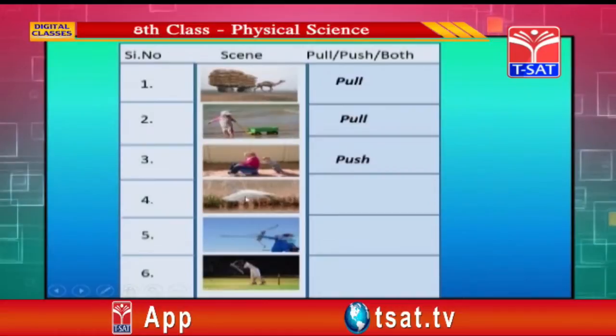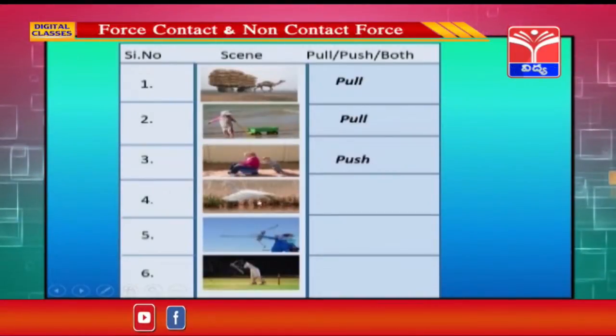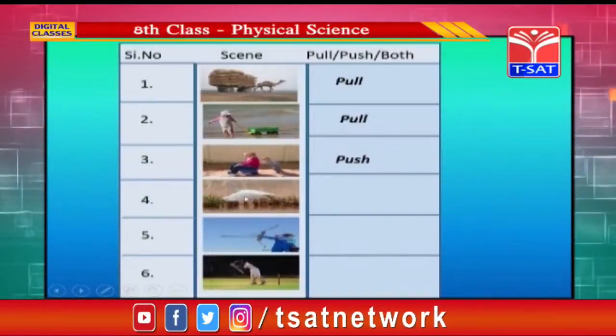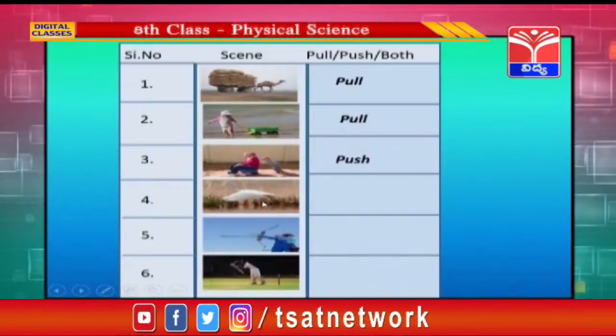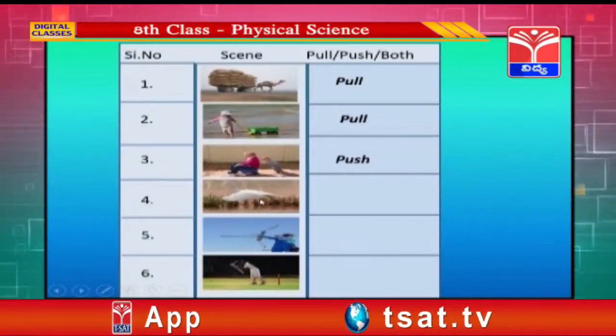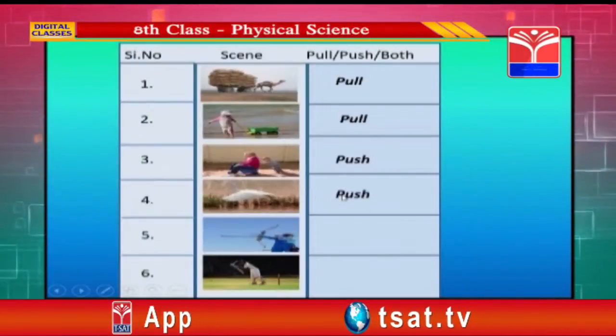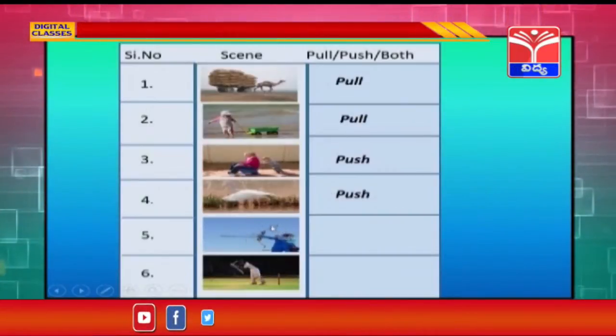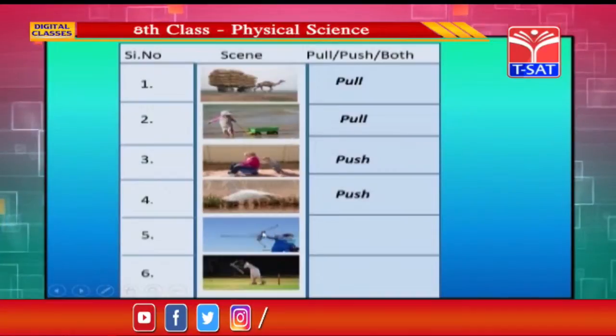Come to the fourth example. Observe children, here the bird is going to fly. To fly, the bird has to push the air in a downward direction with its wings. So in this action also push is involved. Come to the fifth example. We are very familiar with this action, that is archery.